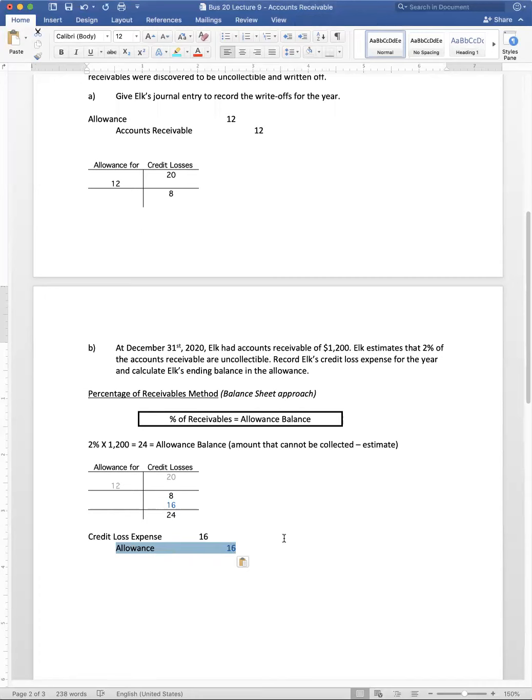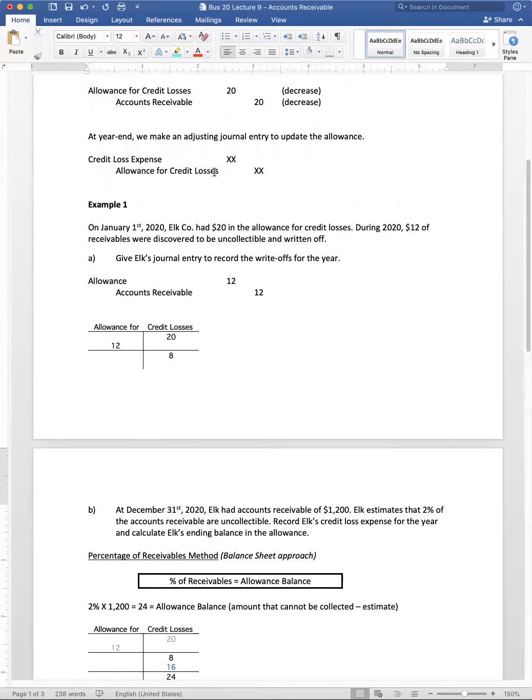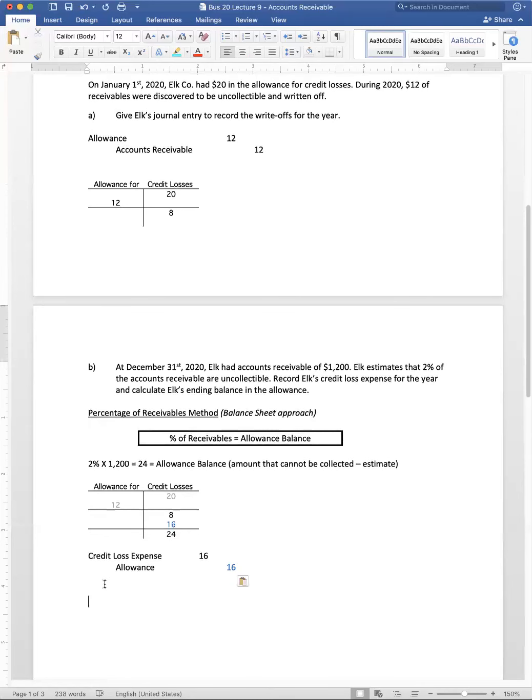So we're crediting the allowance 16, and that debit goes to an expense, credit loss expense. So this is our adjusting entry at the end of the year. It's the same structure I showed you up here. This will bring the allowance to $24, which is what we want it to be to start next year.